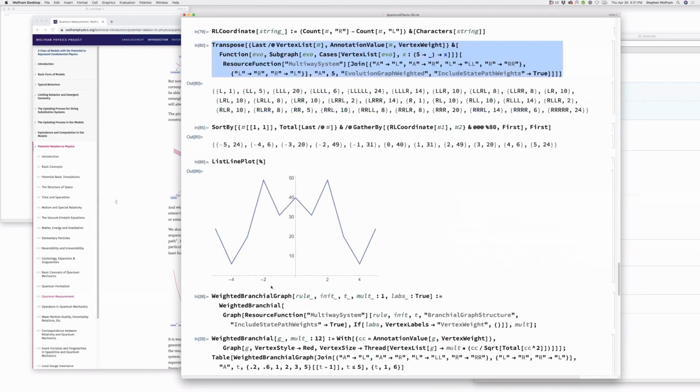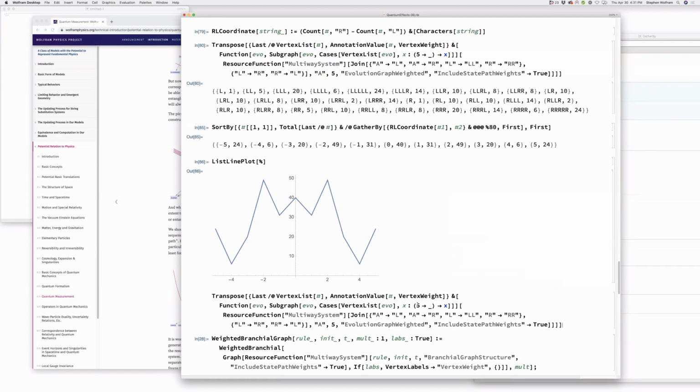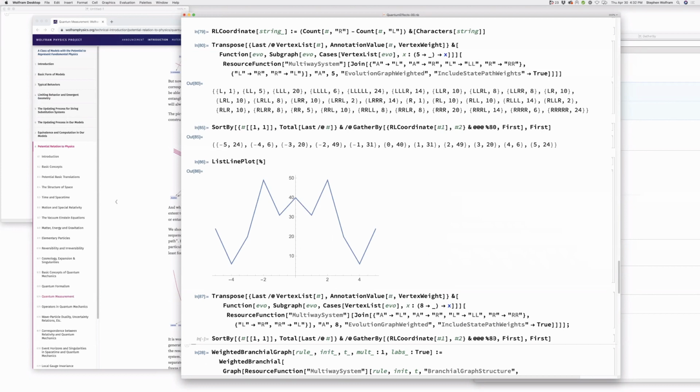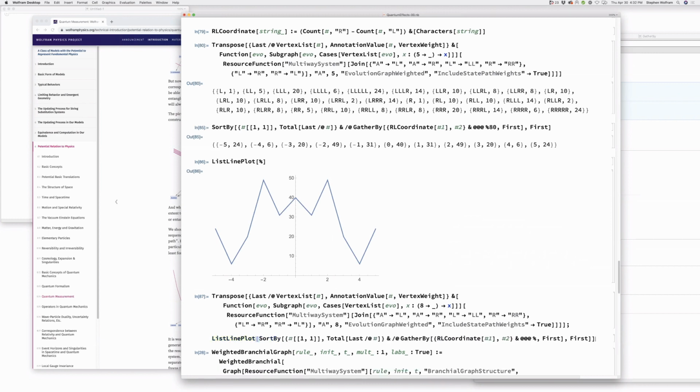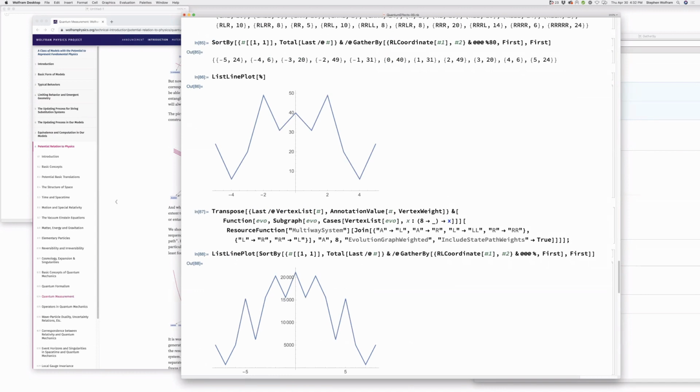Let's try a bigger case. Let's try 8, for example. What do you make of that? Hard to know. This is a very arbitrary choice if you're going to try and imagine a diffraction pattern.